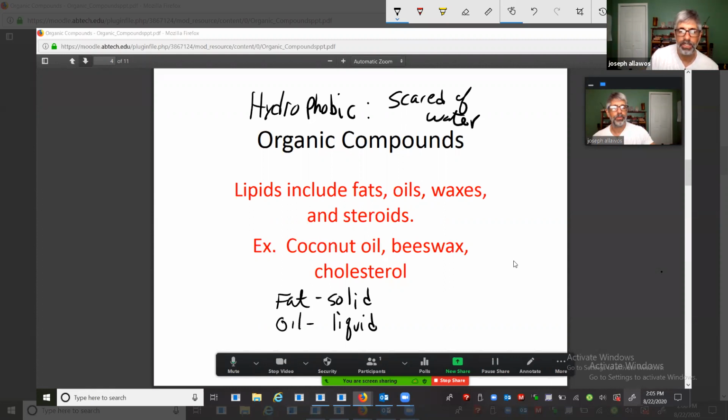Because coconut, you've seen, is solid at room temperature. Think about the rim of fat around your ribeye steak compared to olive oil. Other than that, structurally they're the same. Let's talk about the structure, and then we'll talk about the function.